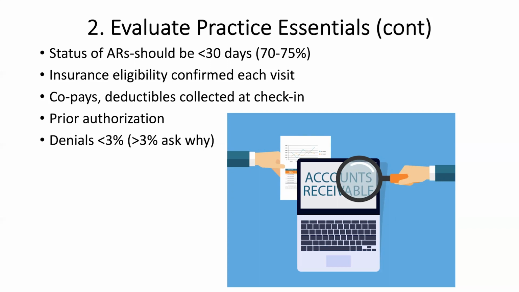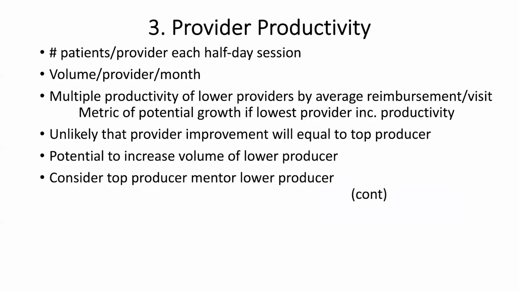We also have to obtain prior authorization before the patient is seen by the physician. We have to look at the percent of claims that are submitted and how many are denied, and it is reasonable or expected that it should be less than 3%.